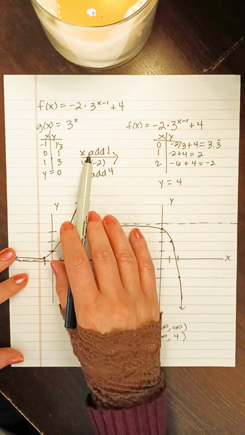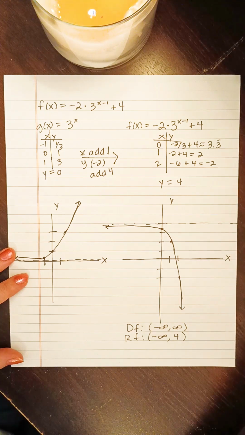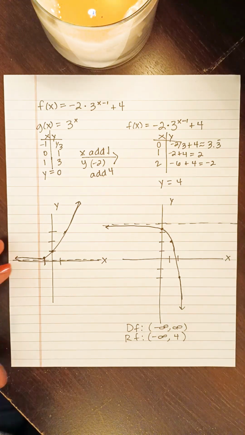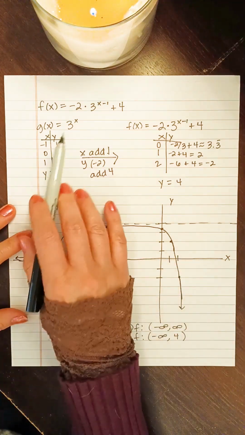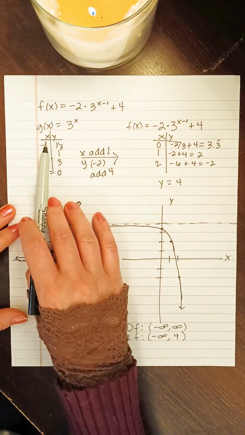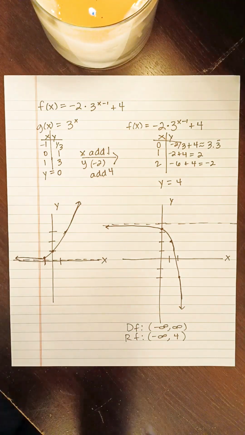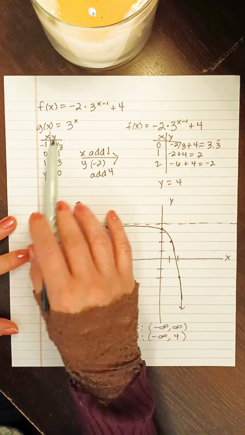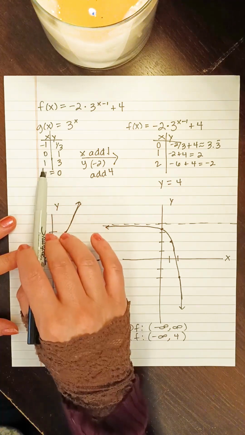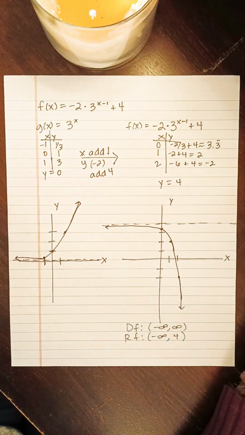So why is it that with the x, you do the opposite arithmetic? When we evaluated this function at these x values, it's really easy. We chose these, evaluating 3 to the negative 1, 3 to the 0, 3 to the first. It was an easy thing to do.